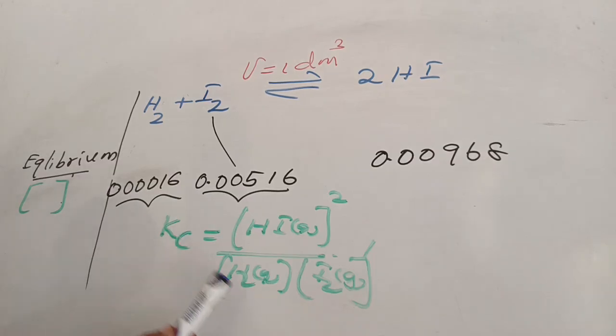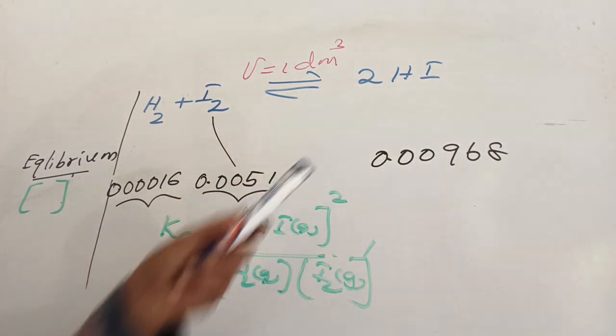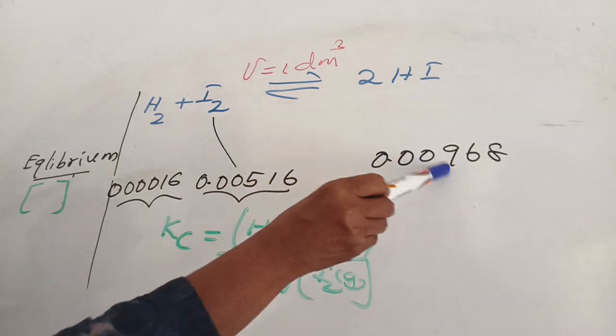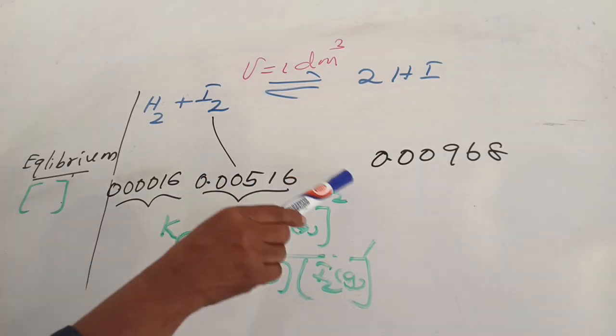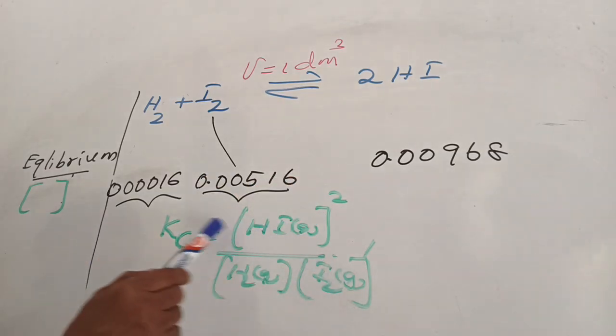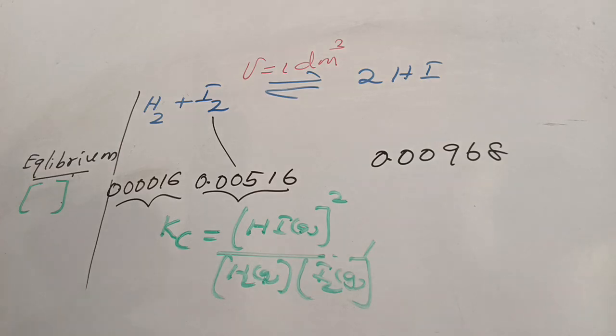This is our Kc expression for this reaction, and these are our moles. We divide them by 1 dm^3 to get the concentrations. We can substitute those values into the Kc expression, simplify, and then obtain the final answer.